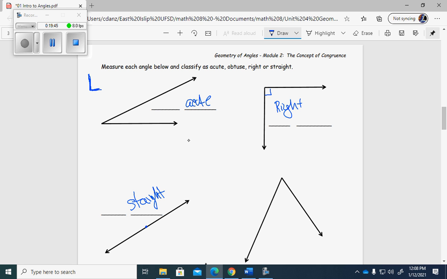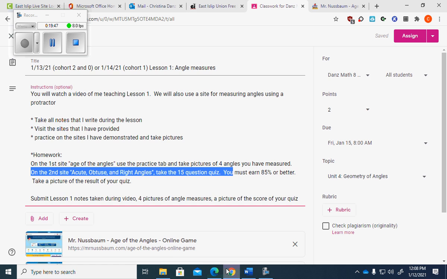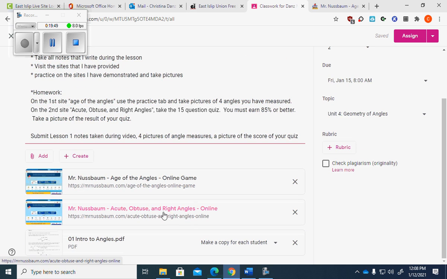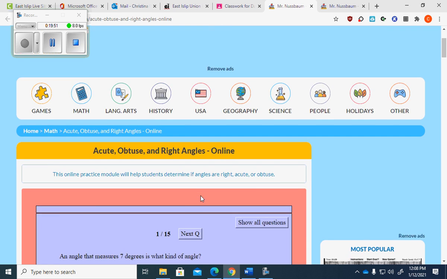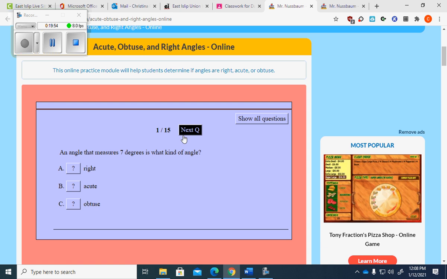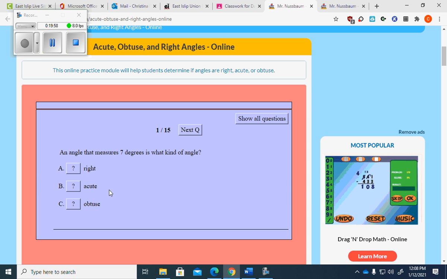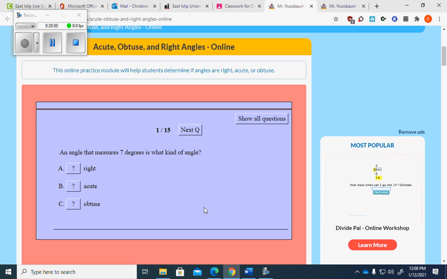So that other site, if we go back to our Google Classroom, and we click on this, I said you're going to take the 15-question quiz. So I'm not going to do this for you. You're going to read and click the correct answer and then click next and next and next and next.